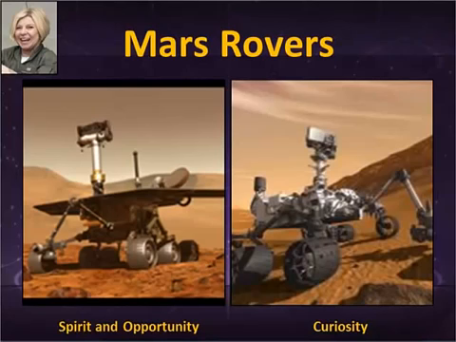Curiosity, the robot to the right, is in transit to Mars right now. We expect Curiosity to arrive at Mars sometime in August of 2012. Curiosity is much different than any of the other rovers that we have sent to Mars, even though it looks the same. Curiosity is about the size of a Mini Cooper. It's pretty big, and it's nuclear powered. It doesn't rely on solar energy.